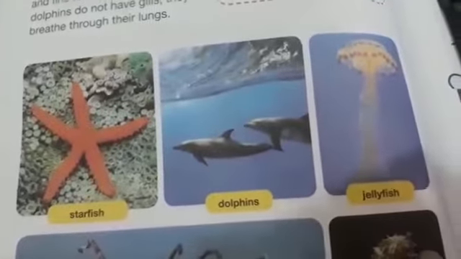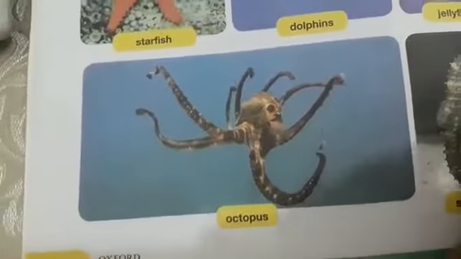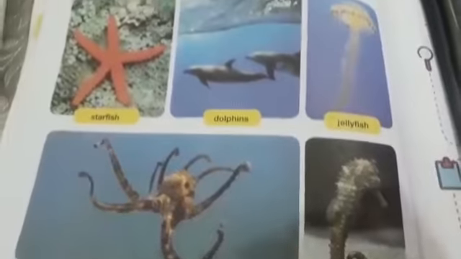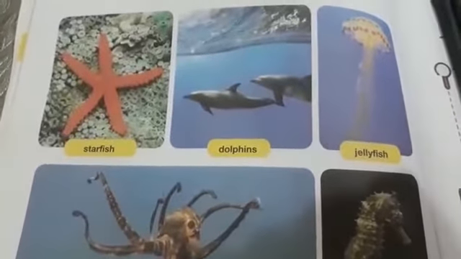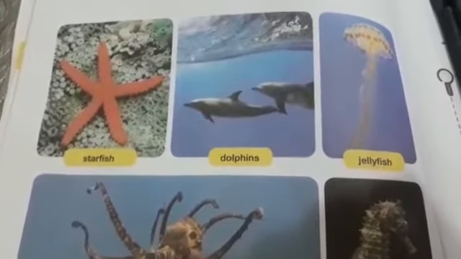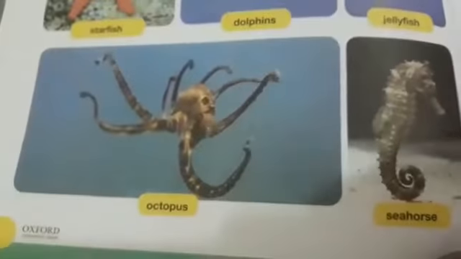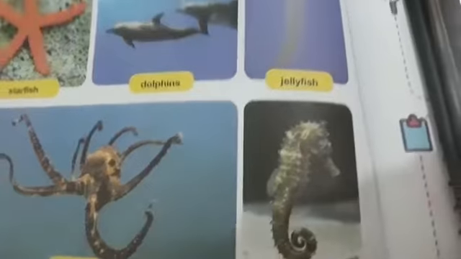Dolphins, jellyfish, octopus, and seahorse. You can see the very beautiful pictures over here in your book. Starfish, dolphins, jellyfish, octopus, and seahorse.